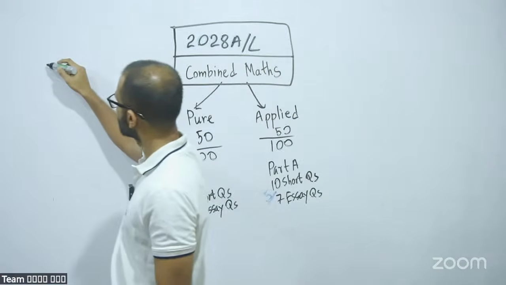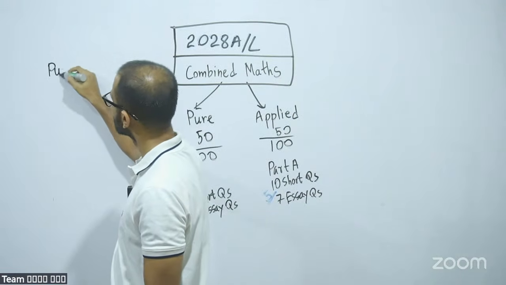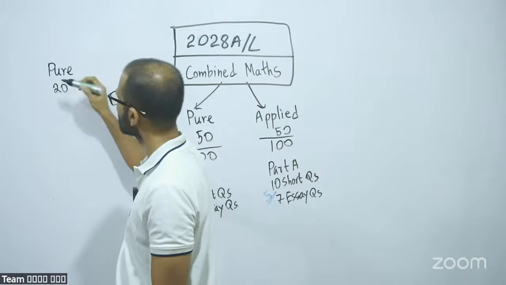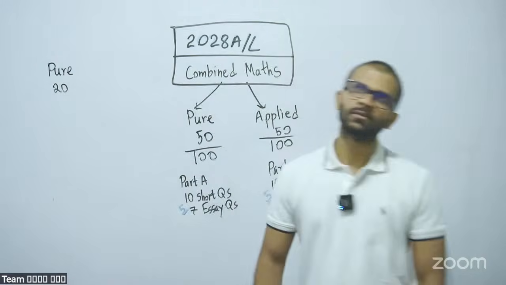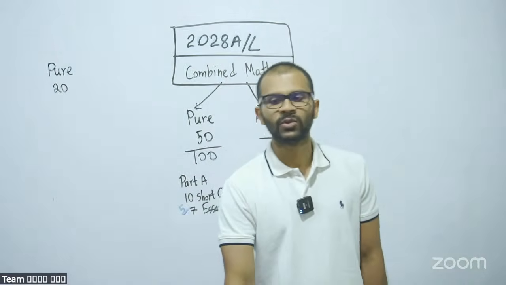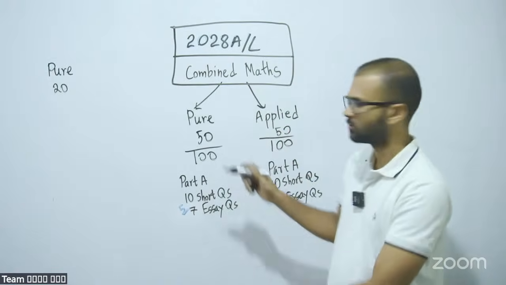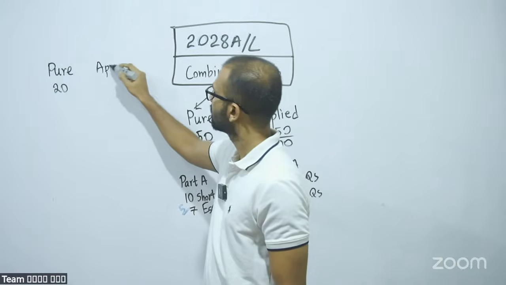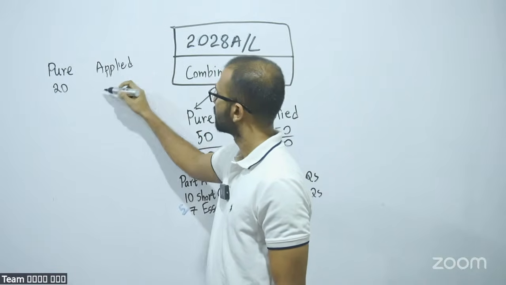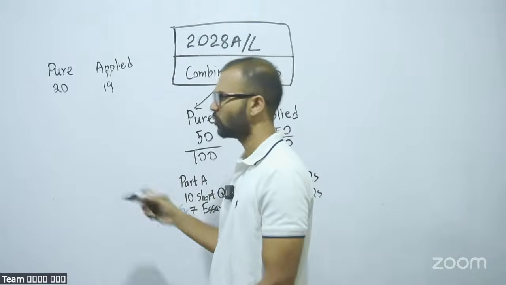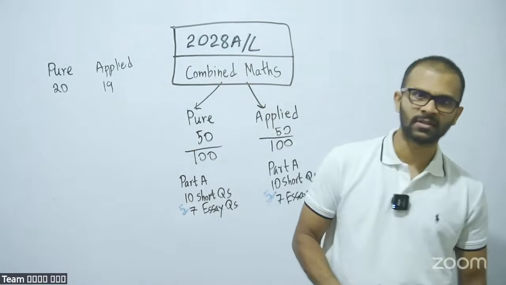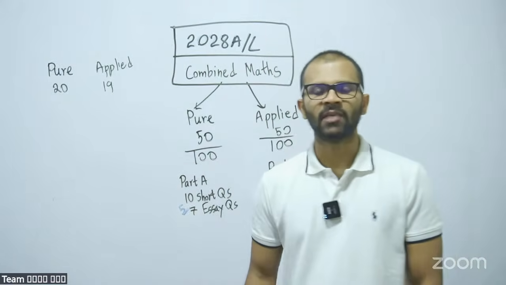Now there are at least 20 lessons under the category pure mathematics, and 19 or 20 more lessons under the category applied mathematics.